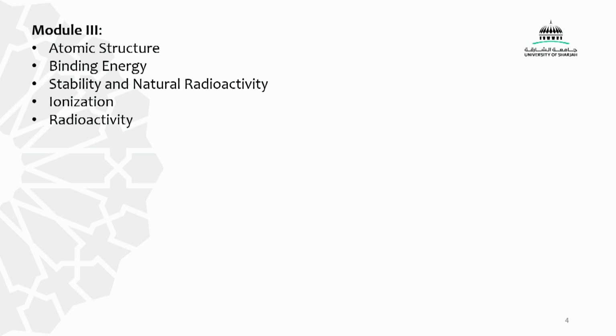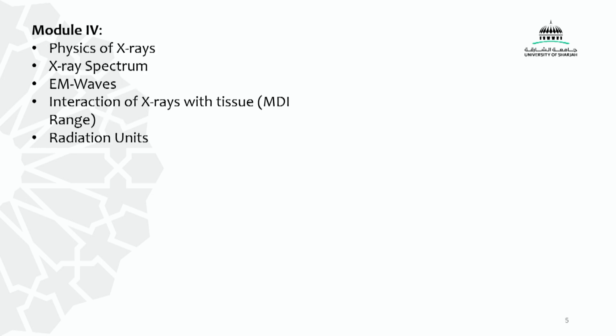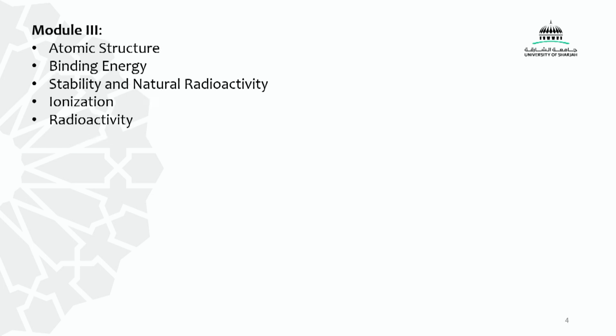Today, inshallah, the focus will be on atomic structure, binding energy, stability and natural radioactivity, and ionization, and of course radioactive decay or radioactivity. After that, we'll talk about module number 4. But let's focus first on module number 3.